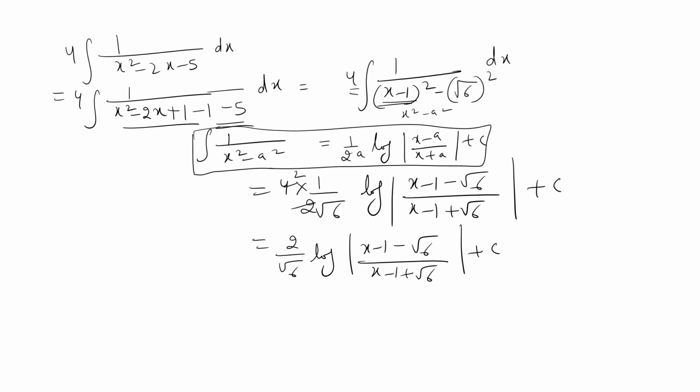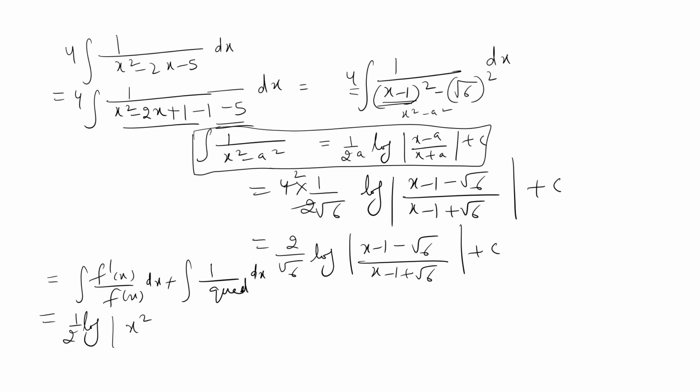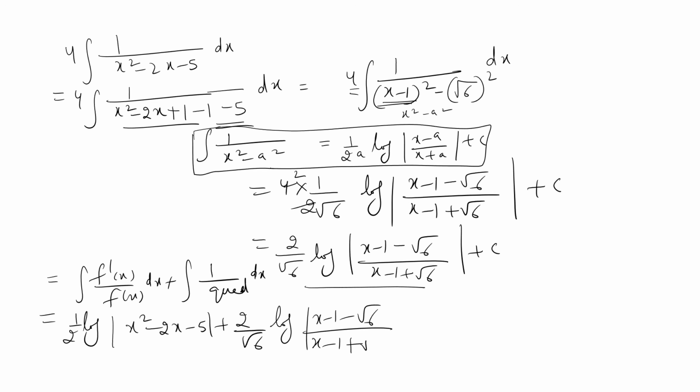But this is not the answer, because the whole integral involved two forms: one was the f dash x upon f x form, and the other was the 1 upon quadratic form. So I need to put both results back. It was half log mod of x square minus 2x minus 5, which I got earlier, plus 2 by root 6 times what we obtained here, log mod of x minus 1 minus root 6 upon x minus 1 plus root 6, plus c.